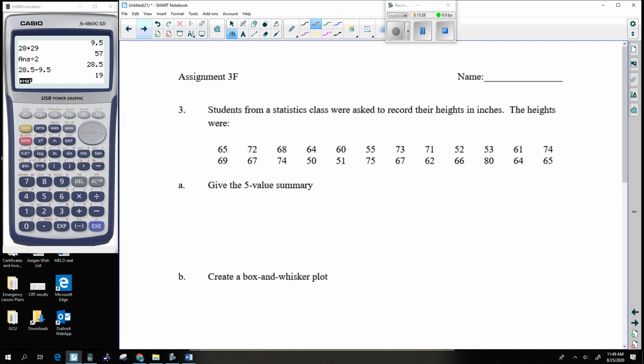Okay, here is an example where the numbers are not in order, and I'm asked to construct a box and whiskers. So what I'm going to do is list these up in my calculator.